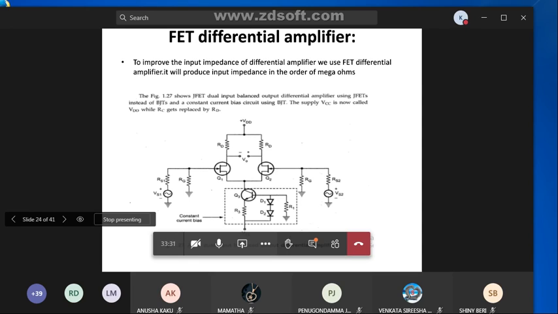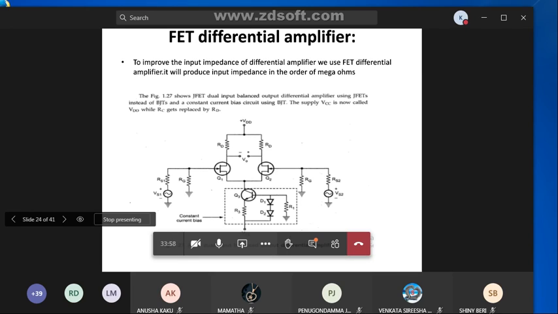So it uses junction field effect transistors. It is a JFET dual input balanced output differential amplifier. Simply, in BJT we have VCC here, but it is VDD. The terminals of FET are gate, source and drain. The power supply applied to the drain is the VDD, right?